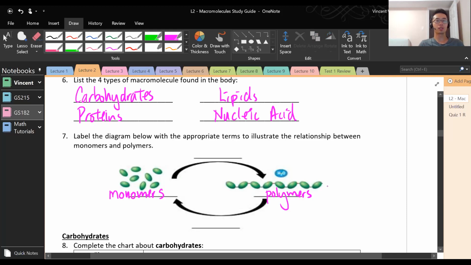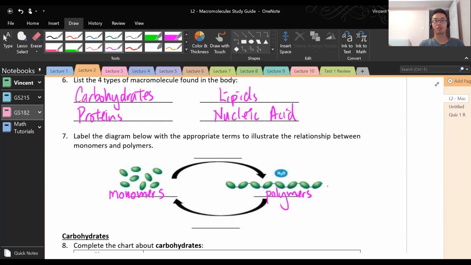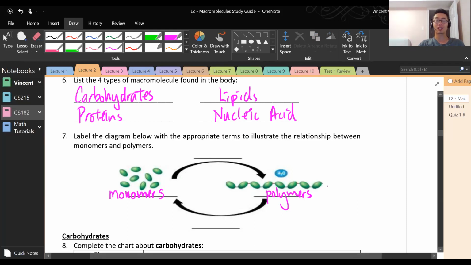Examples of polymers would be macromolecules, but it's not restricted to macromolecules. You have polymers all over your house. Plastic is an example of polymers, right? Your clothes, sometimes they say it's polyester, right? You probably heard of that. That's a polymer.